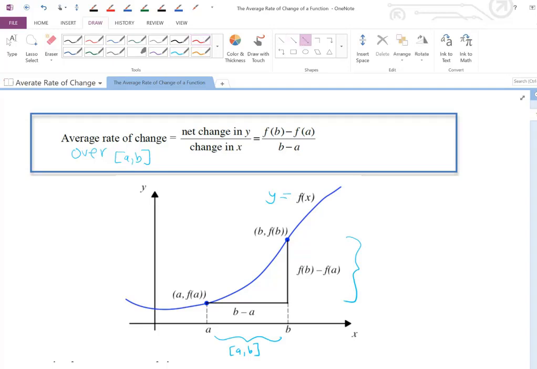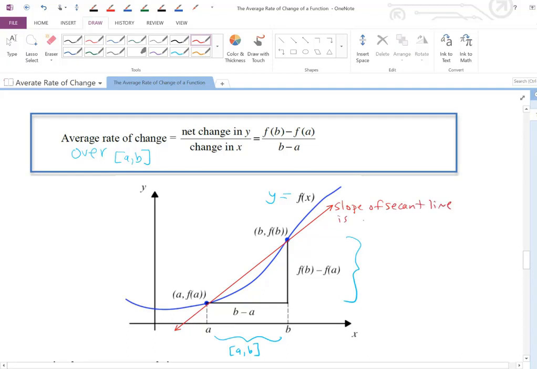And indeed, it's exactly that. If we draw a line through these 2 points here, well, by definition, that's a secant line. What's the slope of the secant line? The slope of the secant line is f of b minus f of a, the change in the output direction, over b minus a. And so what we see is that really the average rate of change of a function is just the slope of the corresponding secant line passing through the 2 points of consideration.